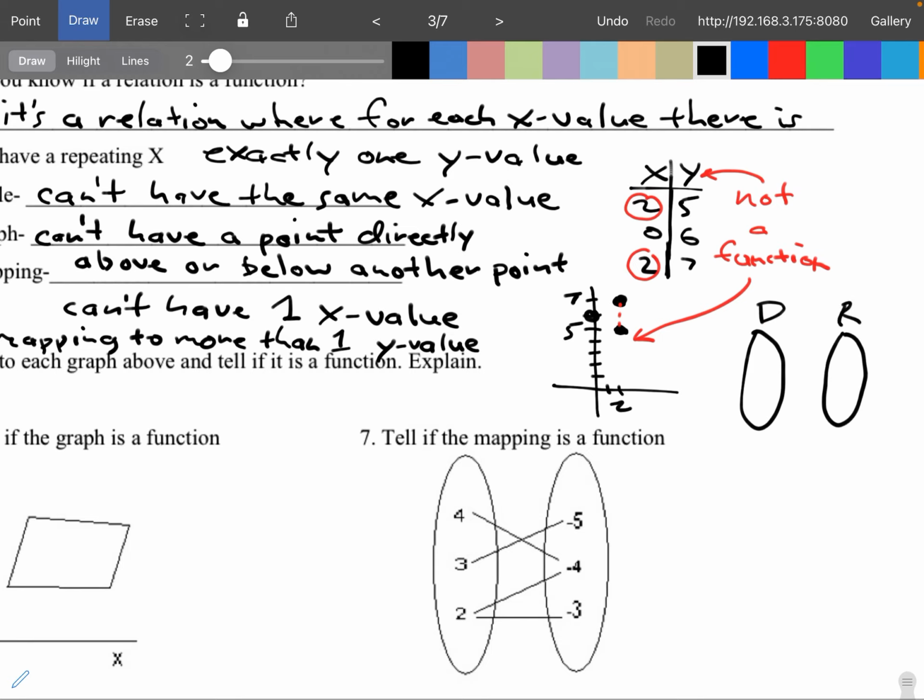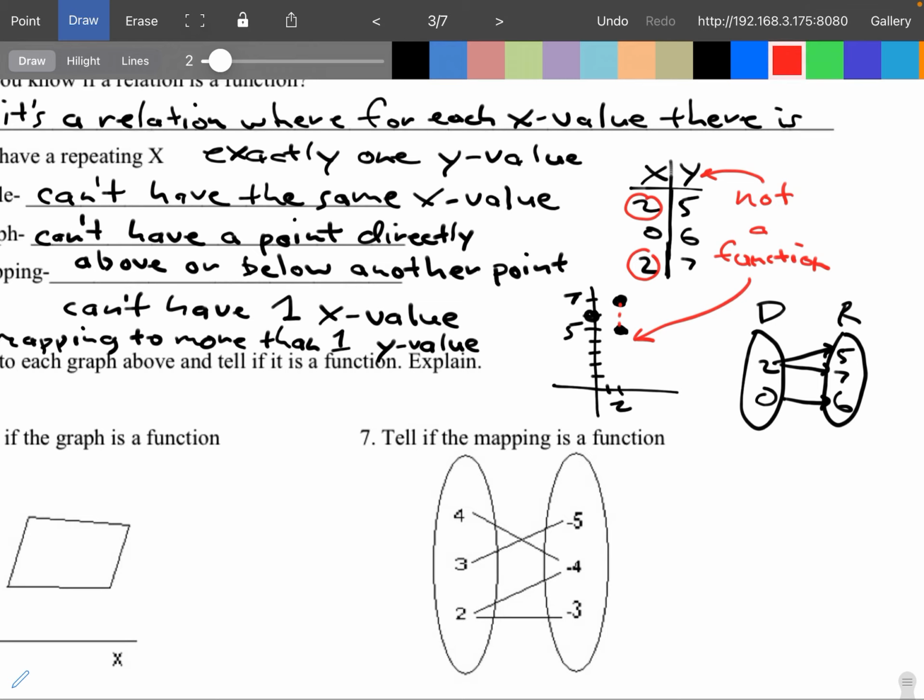All right, so what would that look like? Well, if we made a little mapping for the one that I have over here, same example, right? Let me draw you a little mapping diagram for this one. You'd have these two sets. The one on the left is the domain, the one on the right is the range. If you look at our table, we have 0 mapping to 6, and 2 mapping to 5 and to 7.